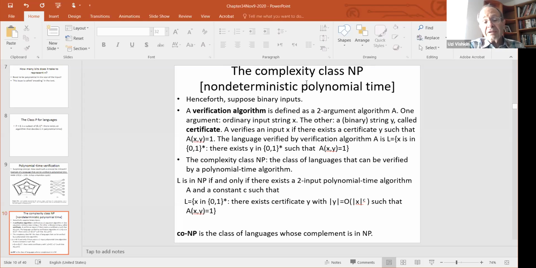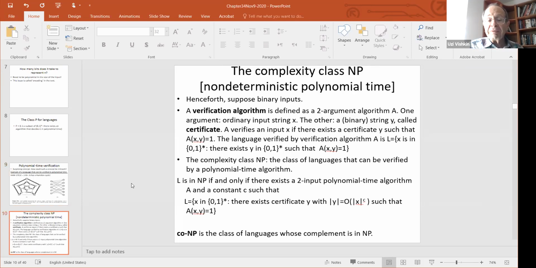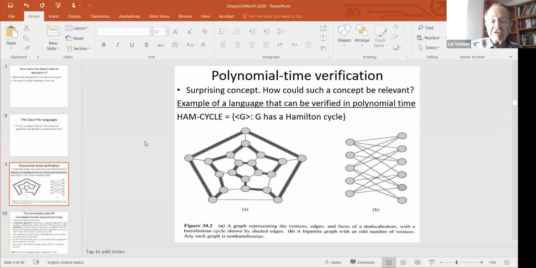One argument is the ordinary input string. Like in this example, it will be the graph, its vertices, edges, and so on. The second argument, Y, will be a certificate. In this example, the certificate will be the cycle itself, the path that creates a cycle.